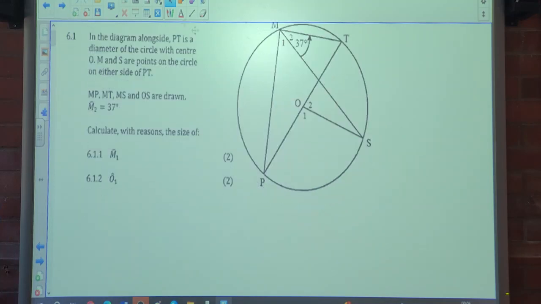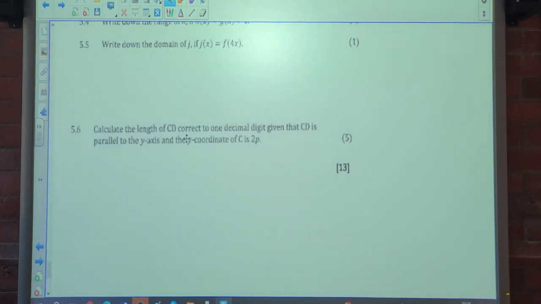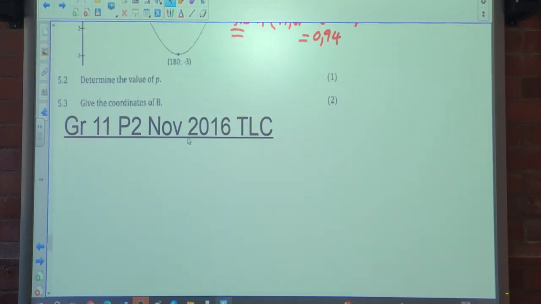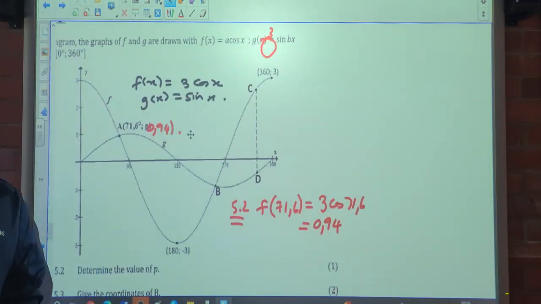Okay, so we're on question 6 now. Now we haven't completed 5. We started with 5 and didn't complete. So let's go through it again.